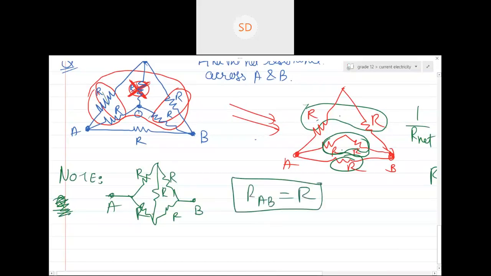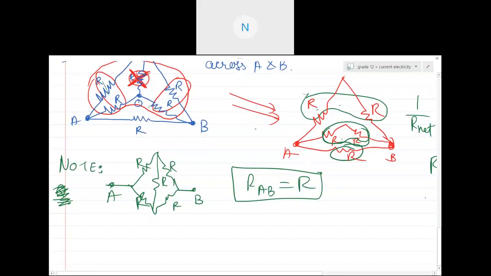If all the resistances are equal in a Wheatstone bridge, then the net resistance is also equal to the value of individual resistance. Is this clear? So this is one of the results. So anyways, any doubt in this?